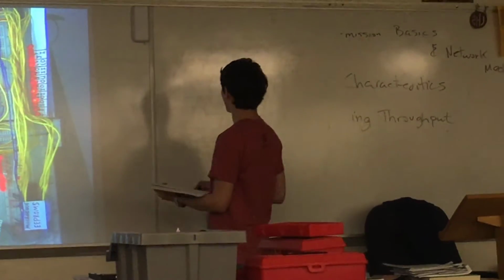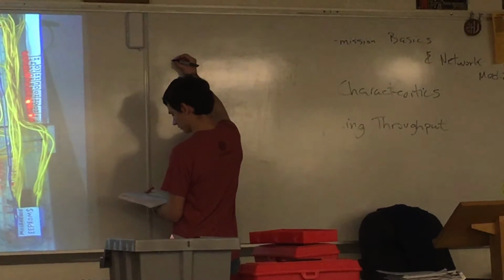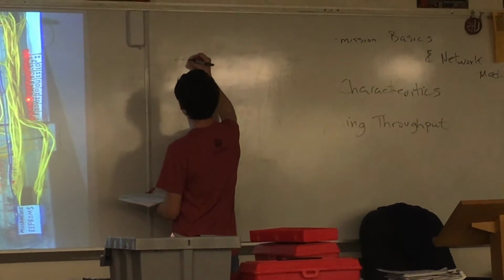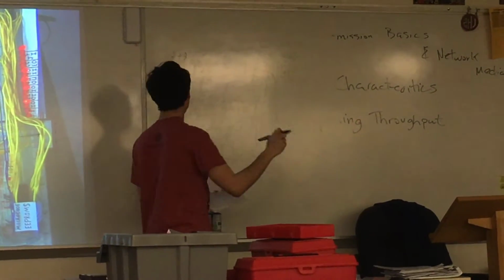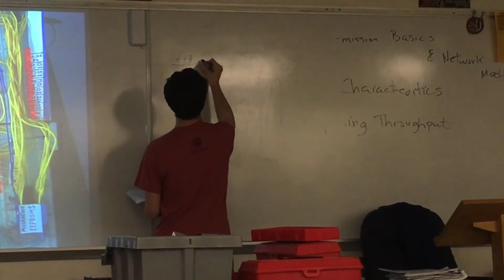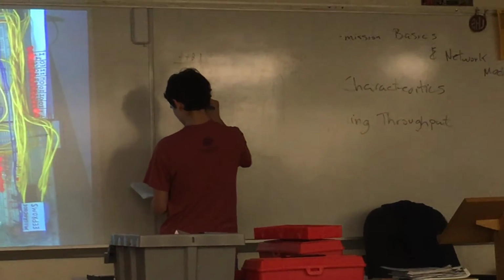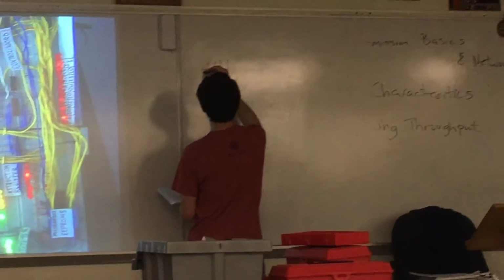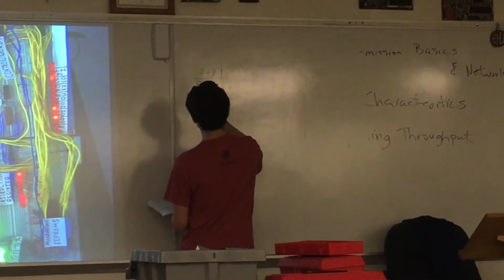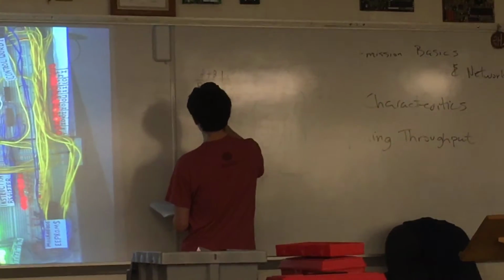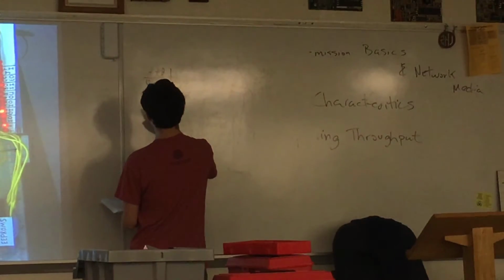So, I'm going to try to make this quick. If you do A plus B, and think of, actually, very important thing, try to think of this as a truth table. If you do A plus B, you're going to have 0 plus 0, 0 plus 1, 1 plus 0, 1 plus 1.